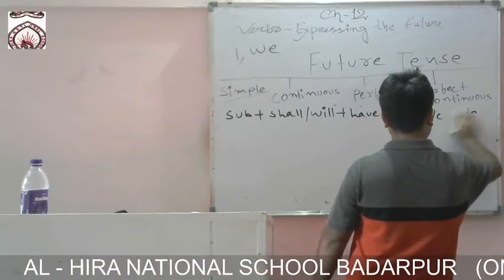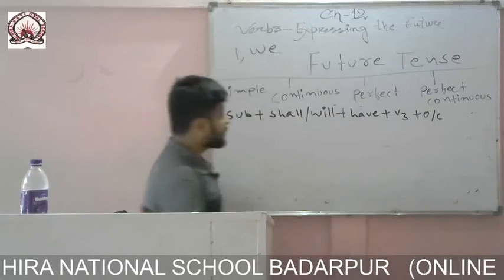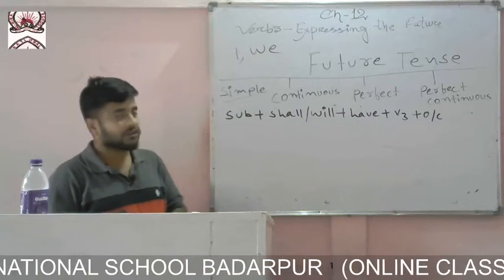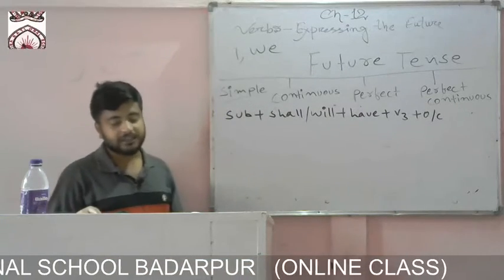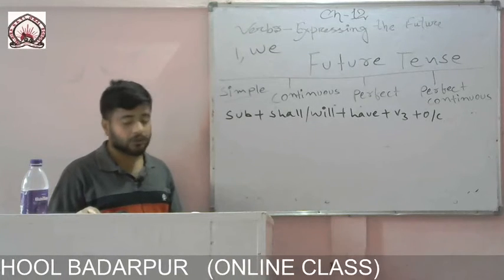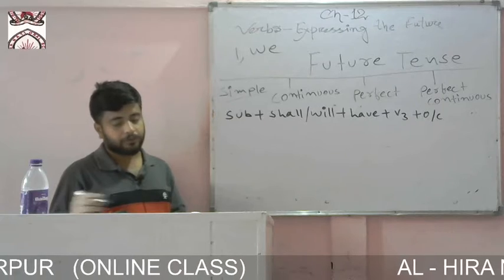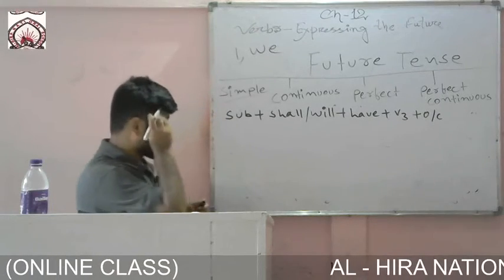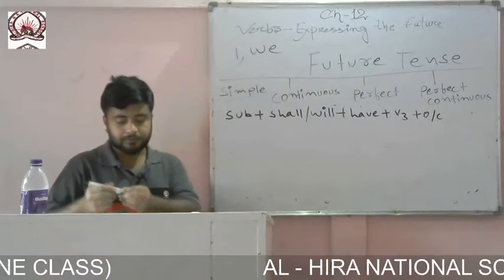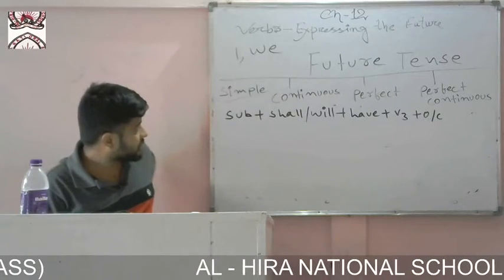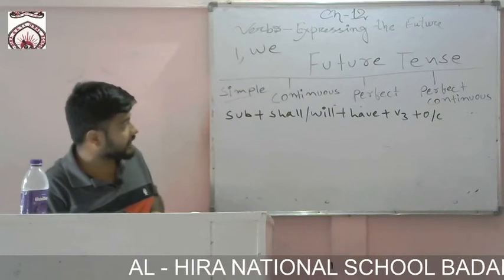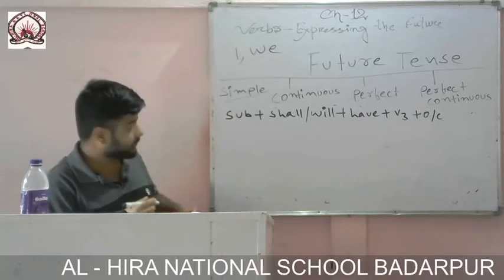What is the formation of future perfect? The formation of future perfect is subject plus shall or will plus have plus verb 3 plus object or complement.